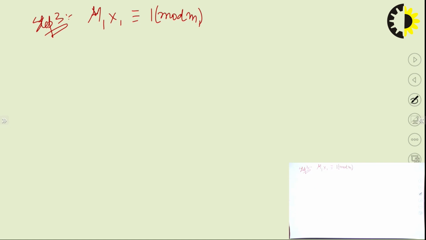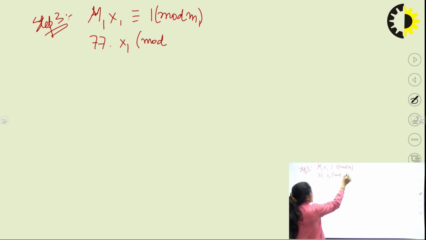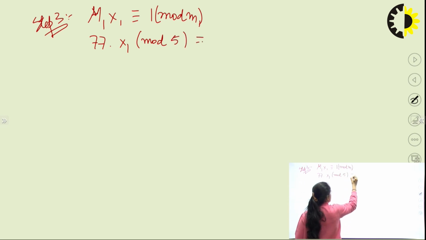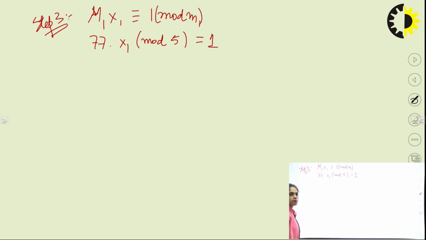So from the previous slide, we can take the value of M1 as 77 dot x1 mod small m1. Here small m1 is 5 is equals to 1. Now we will take this mod. 77 mod 5 will give you 2.